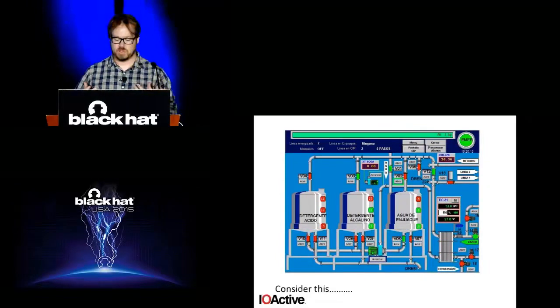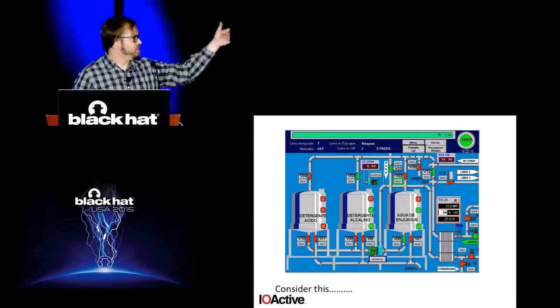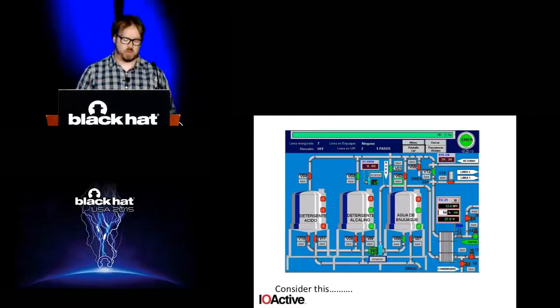So let's start with considering this process. This is an HMI that I pulled off the internet years and years ago. People love publishing their stuff out on the internet. This is obviously a heat exchanger loop of some sort. We have a tank full of acid and a tank full of basic detergent and some cooling water. Those are probably there to neutralize the water as it's running through.